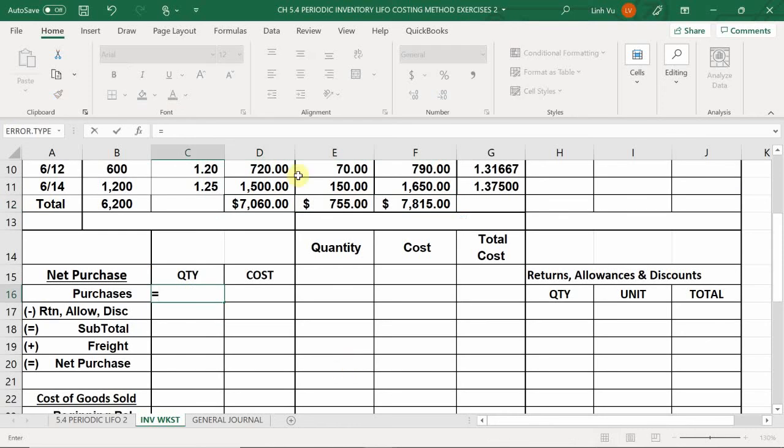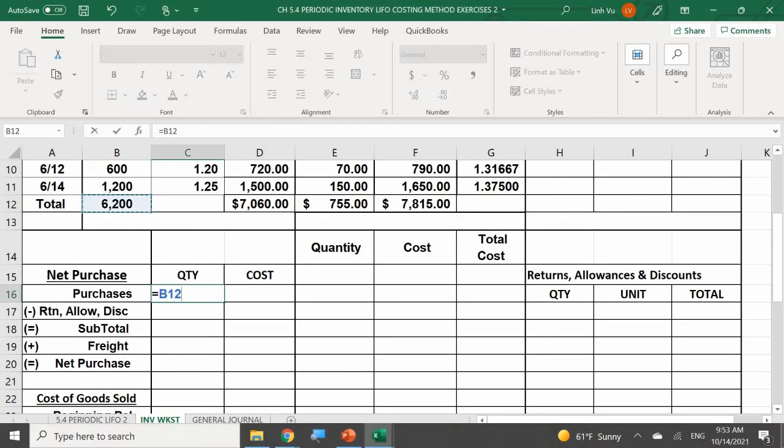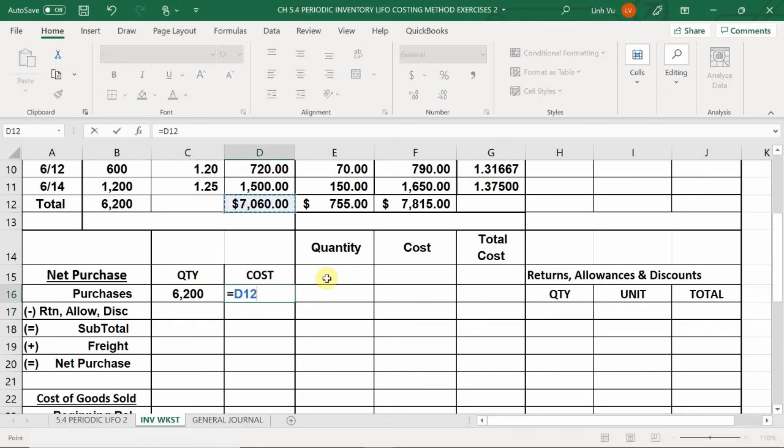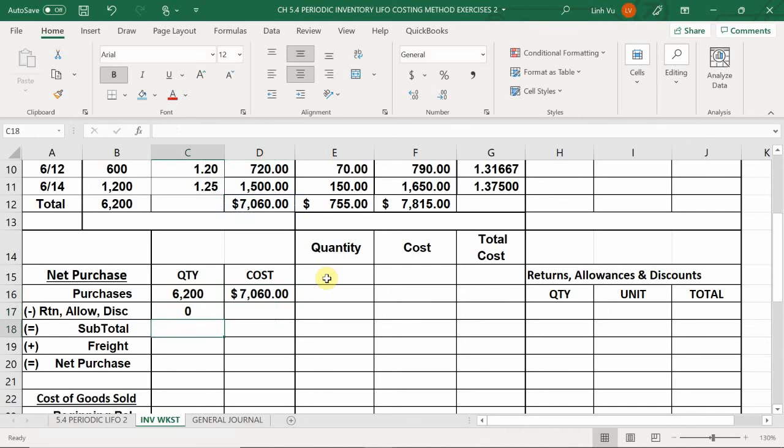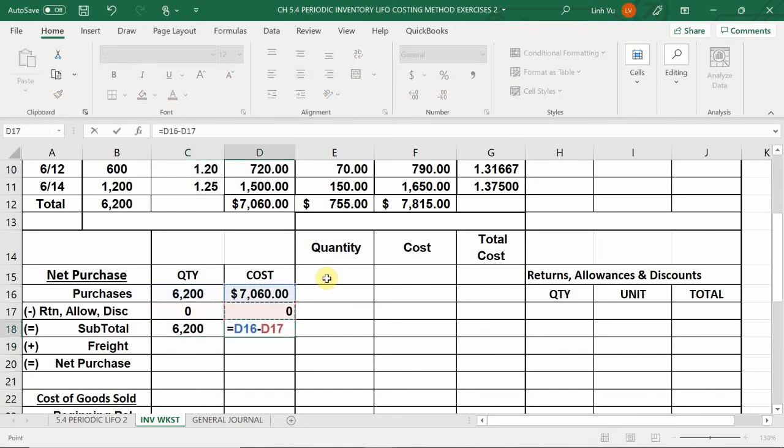So our total that we purchased was 6,200 units at a grand total of $7,060. We have no returns or allowances, so therefore the subtotal should stay the same.